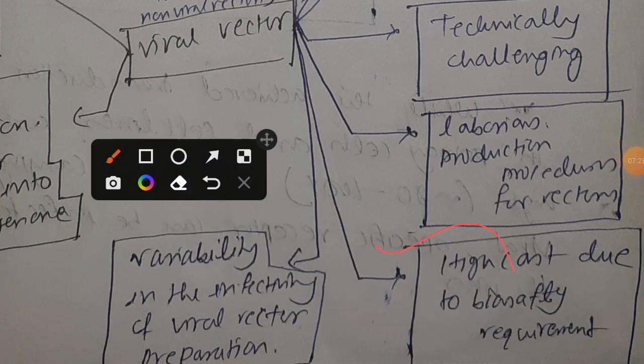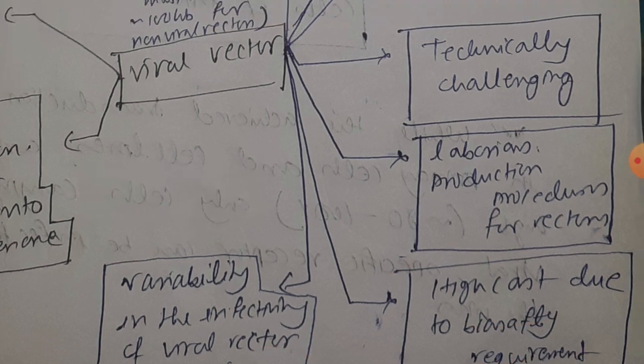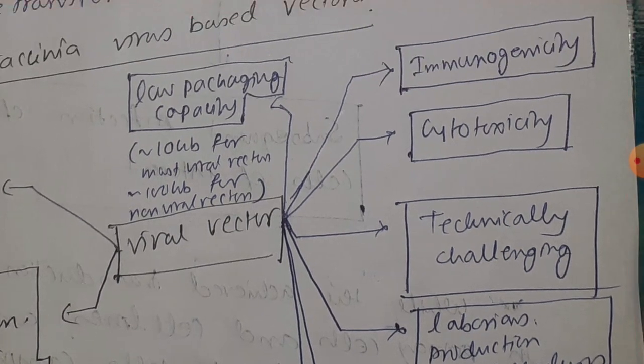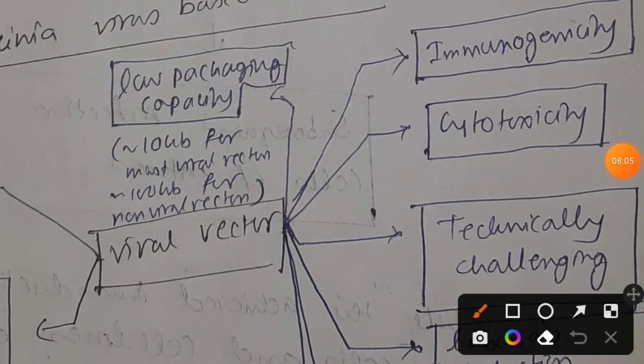Remember, here we are dealing with oncoretroviral, that means it is cancerous, so we have to develop good biosafety requirements, and that will obviously be costly. There is also variability in the infectivity of the viral vector preparation. Different types of virus infect differently, so you have to keep that in mind when using them as a gene delivery system, along with the low packaging capacity.